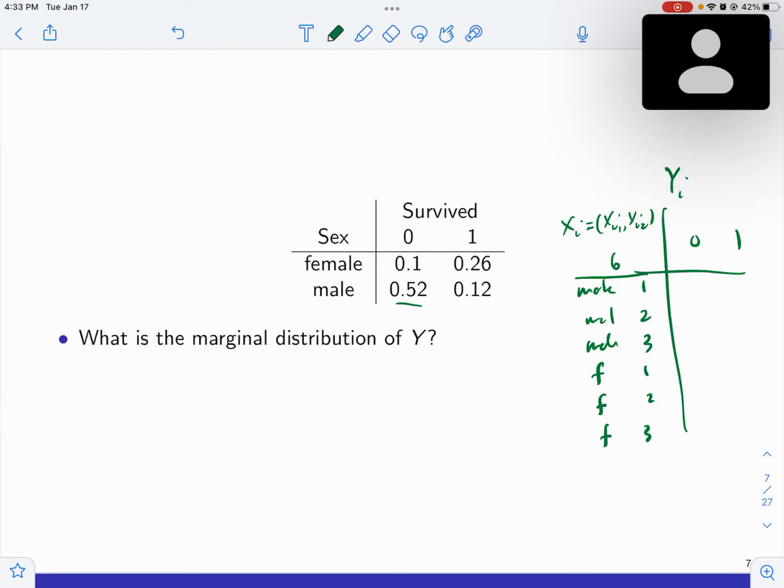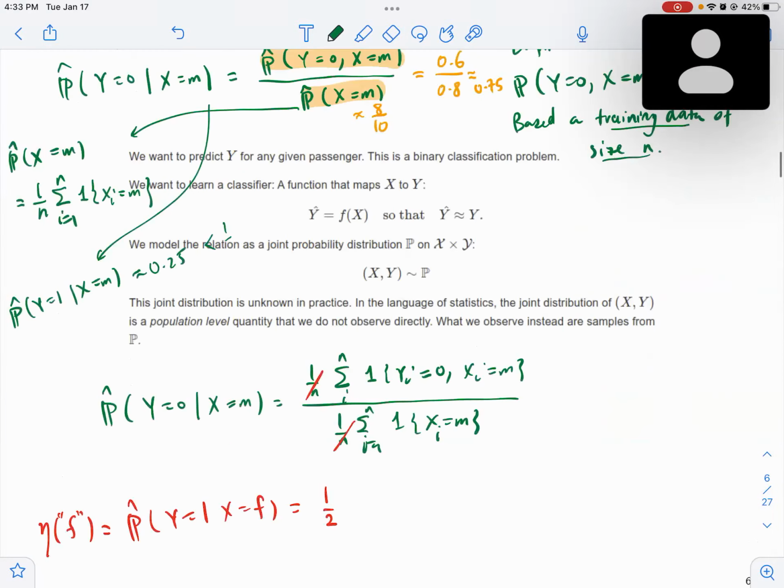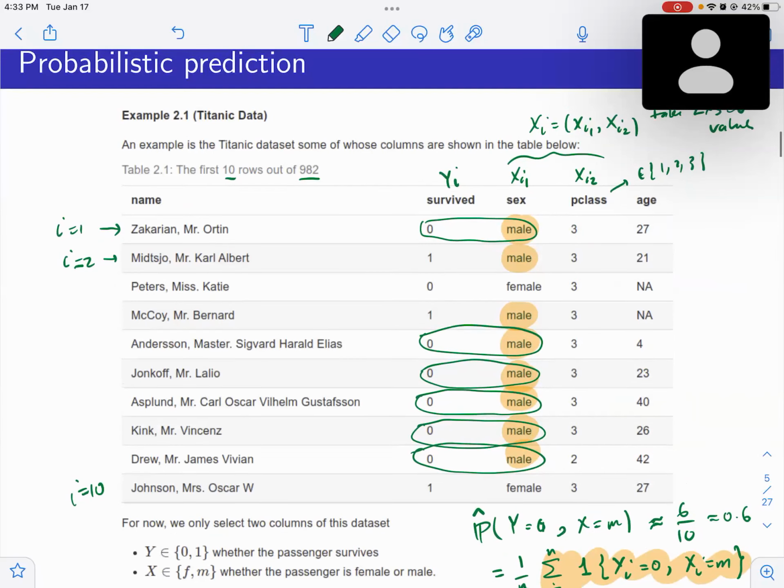So everything that we did generalizes to many discrete covariates. Okay, does that make sense? You can easily add this. Adding age would be problematic because it's not discrete. We're going to talk about this, but I can easily incorporate this new feature.